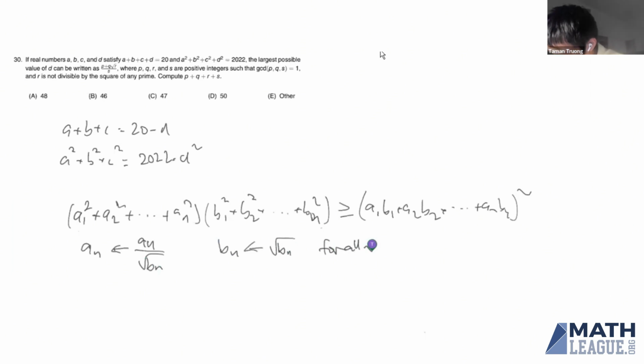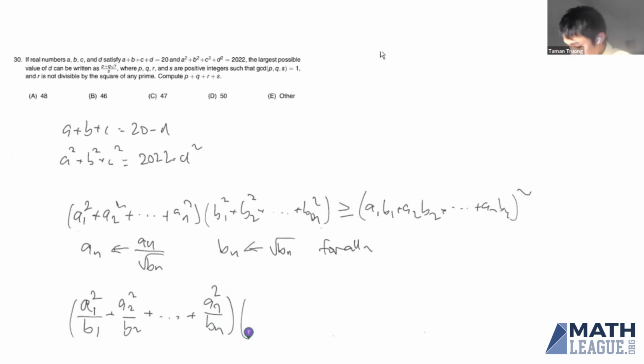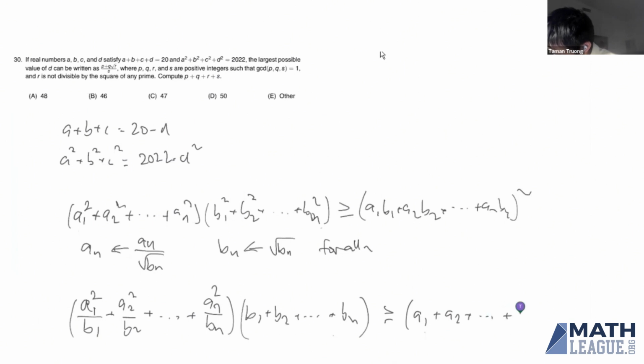And so we have A1 squared over B1 plus A2 squared over B2 plus all the way to An squared over Bn, times B1 plus B2 all the way to Bn, is greater than or equal to, if we multiply everything together, A1 plus A2 all the way to plus An, squared.